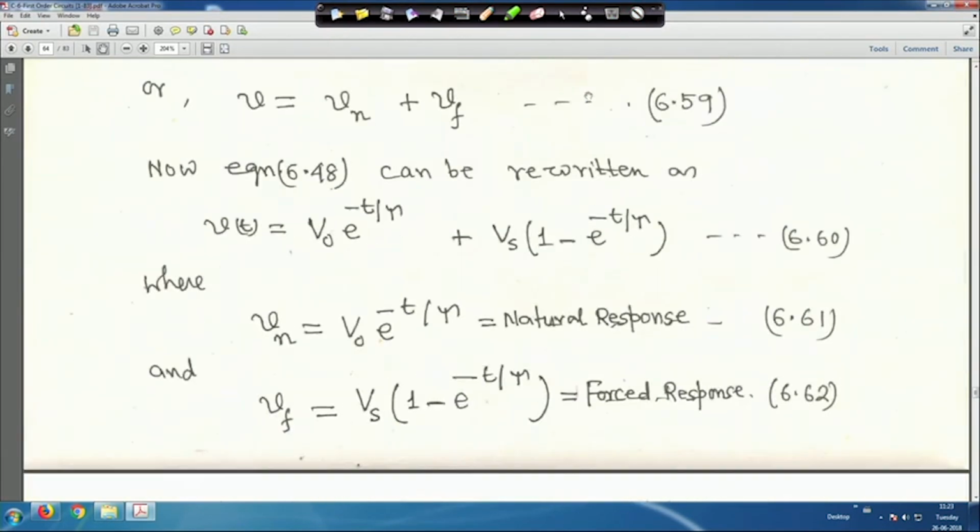That means V is equal to natural response Vn plus forced response Vf. This is equation 59.